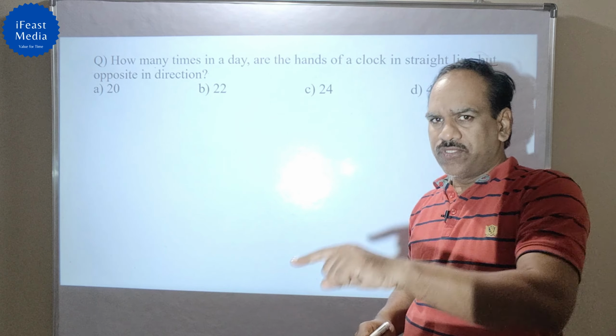Here theta equal to 90 degrees, and theta is 30h minus 11m by 2, which is 90. So we have two possibilities, this side and this side, so you have to take the positive and negative signs. So 30h minus 11m by 2 is 90, and 30h minus 11m by 2 equal to minus 90.